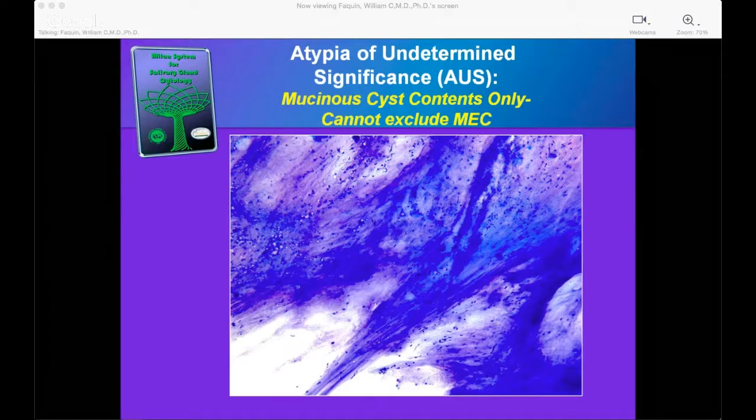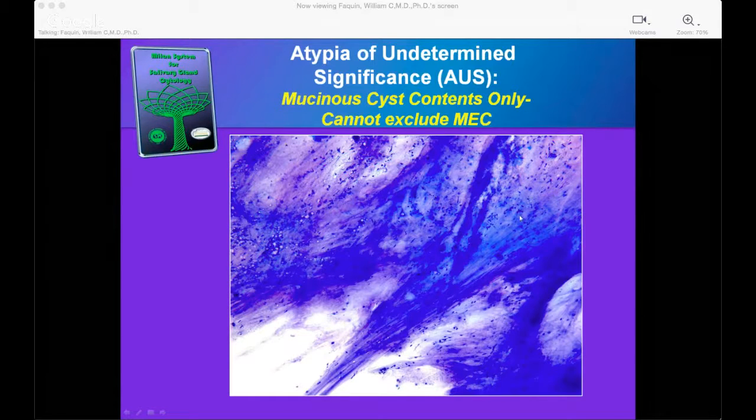Now, I mentioned this earlier, and that is mucinous cyst contents only. So we don't have any epithelial cells to say what exactly the type of cyst we're dealing with. We know it's some type of mucinous cyst because of all of this mucin in the background. This is an air-dried Diff-Quik stain preparation.